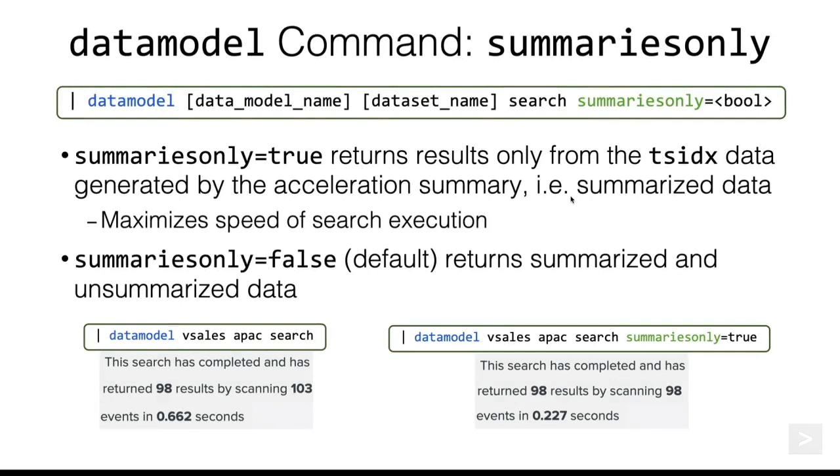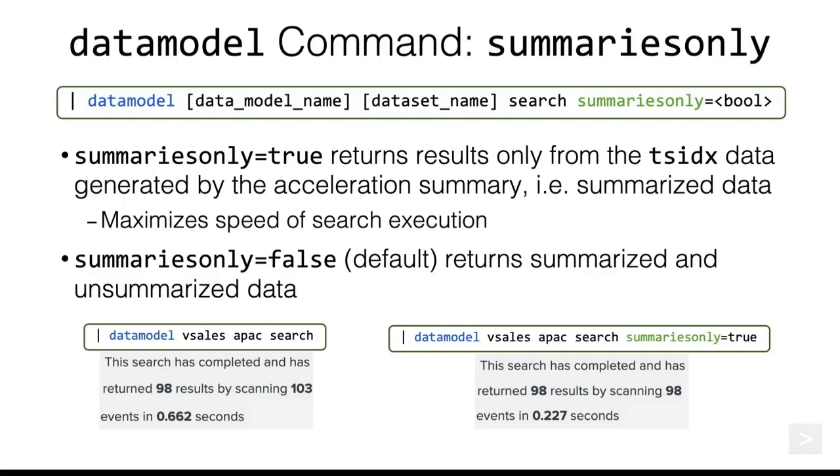And then we finally saw that when retrieving data through a data model, Splunk by default will use a combination of summarized and unsummarized data. If there are qualifying acceleration summaries, it will use the acceleration summaries as a source. Otherwise, it will go out to the raw data.